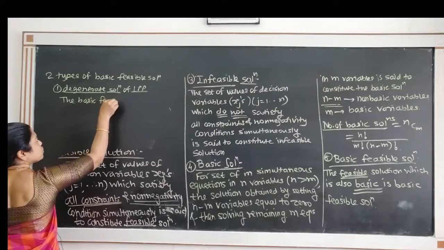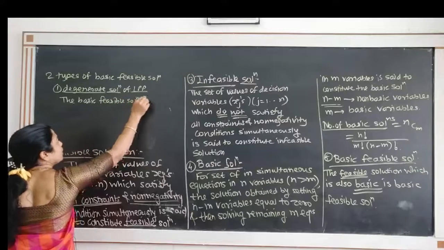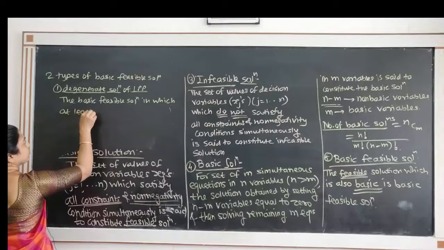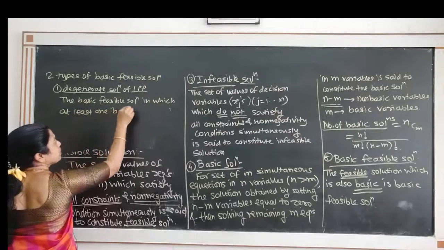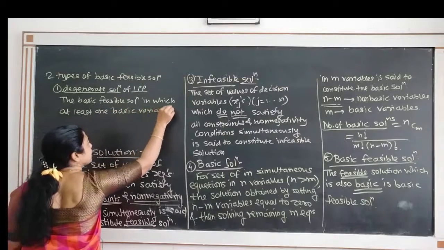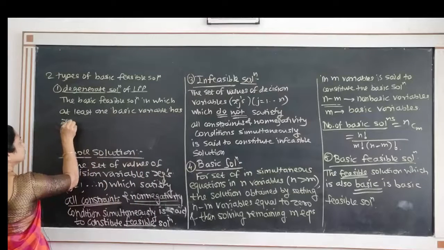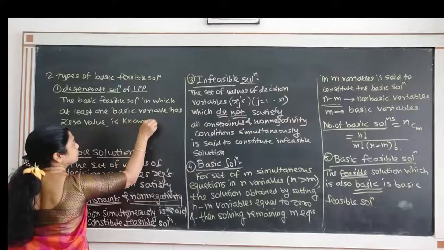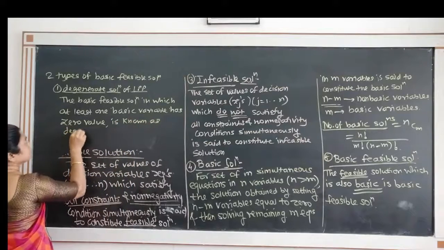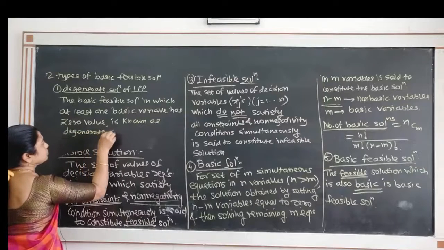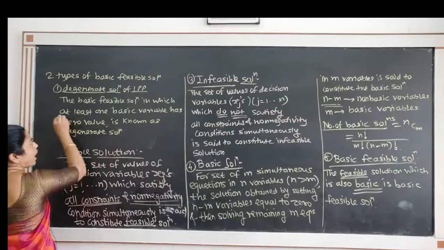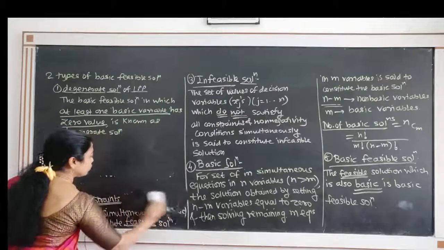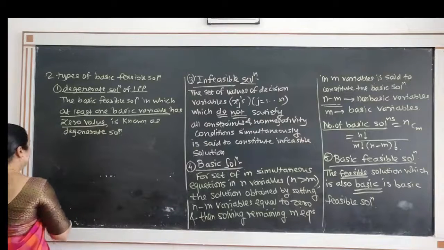What is degenerate solution of LPP? The basic feasible solution in which at least one basic variable has zero value is known as the degenerate solution. So what is the condition? At least one basic variable has zero value, that is degenerate solution. And the second is non-degenerate solution.